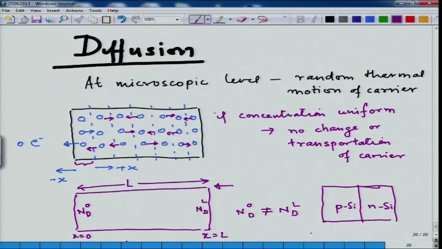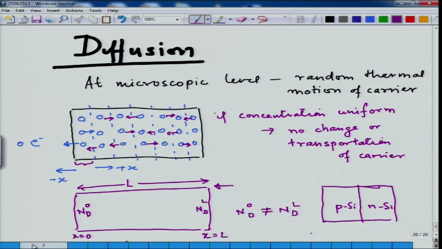For obvious reasons, the carrier concentration of holes here is going to be very different from here, and vice versa, the carrier concentration of electrons here is going to be very different from n to p. So there are several situations, which we will deal with later in the lectures, where you have a concentration gradient in the device structure or in the material that would lead to diffusion.